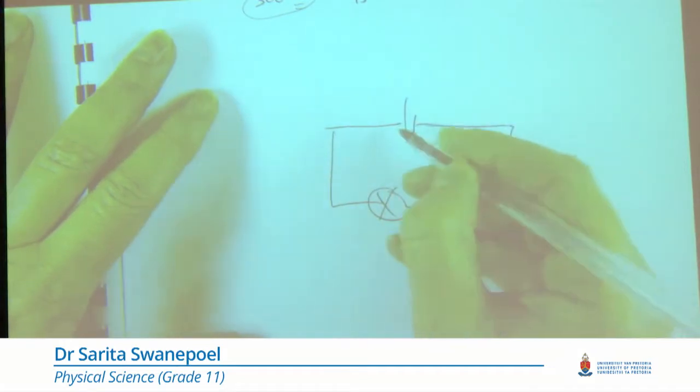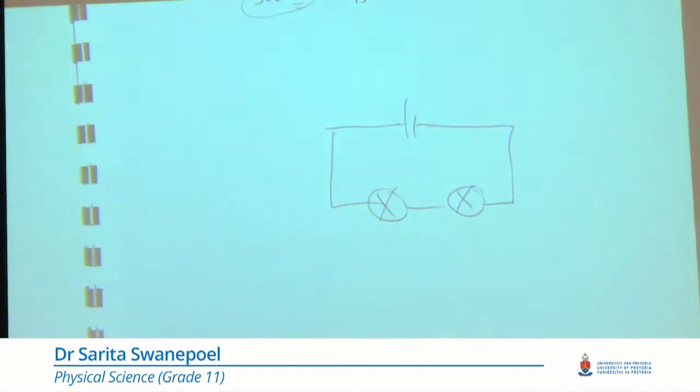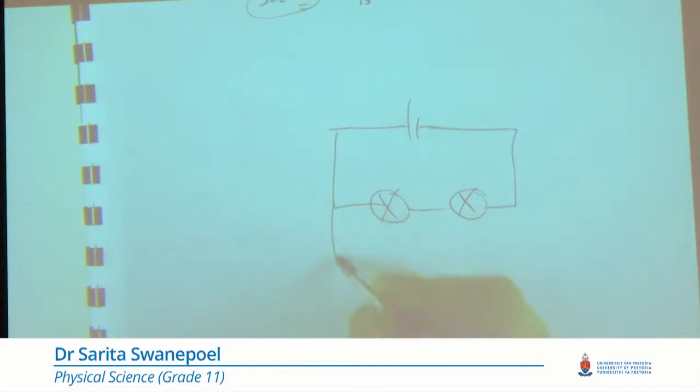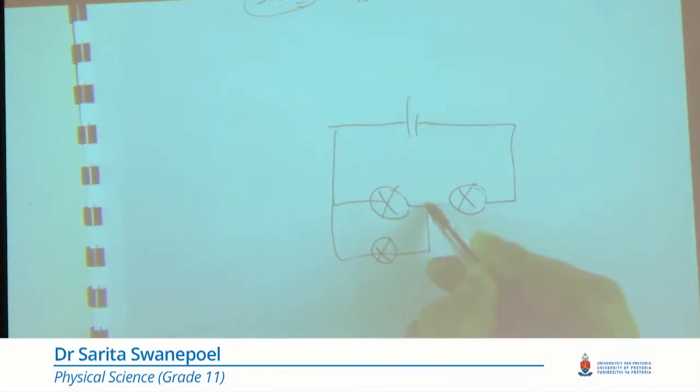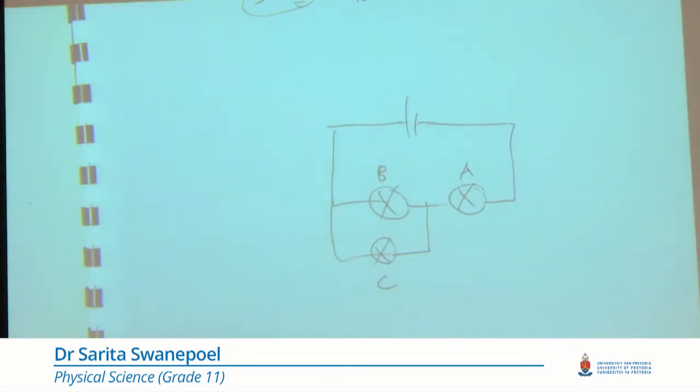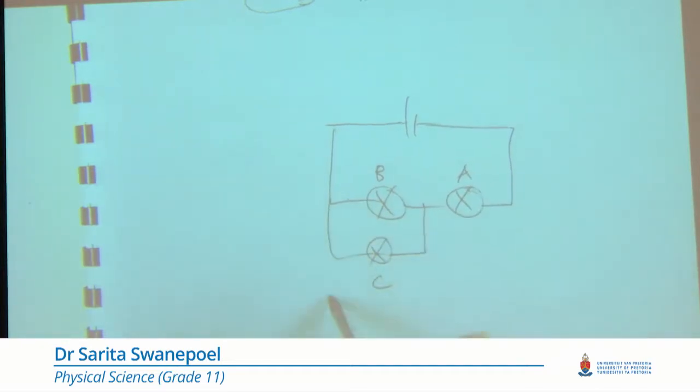Let's put another one in parallel here, to make it interesting: A, B, and C. If they told you these were identical bulbs, what did you look at? You looked at current. You looked to see who's got the bigger current. And then you would have said, A is brighter than B and C. Is that right?